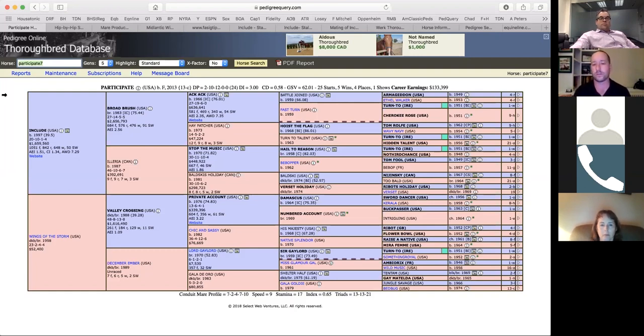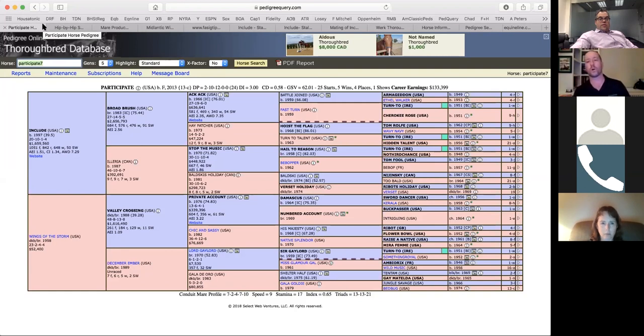All right, so we've now looked at the 5-cross pedigree here. We noticed that there's this fairly rare and extensive inbreeding to turn 2, which it turns out is actually a pretty successful pattern for Include generally speaking, but we'll get to a little bit more of that later.